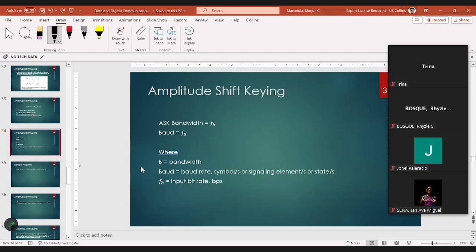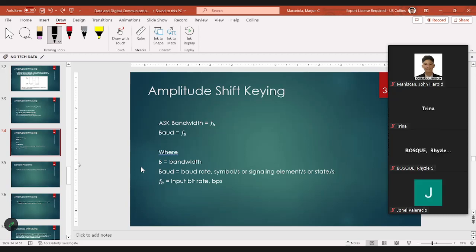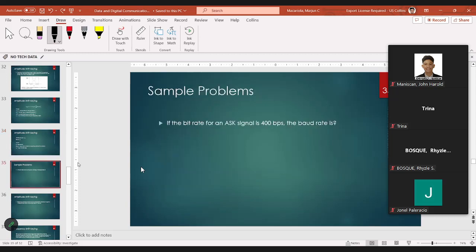Okay? And when you are asked to find the baud rate or the baud, so that is also equal to the input bit rate. For example, if the bit rate for an ASK signal is 400 bits per second, the baud rate is, so basically the baud rate is 400.